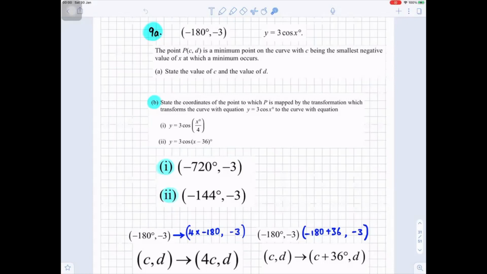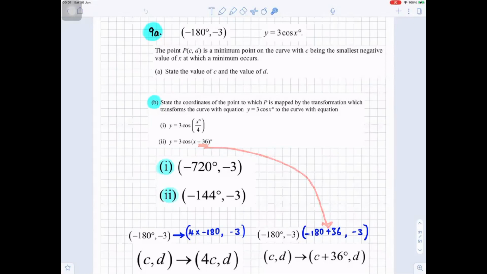Now, when you have 3 cos (x minus 36 degrees) in bracket, the minus 36 would be a plus 36, because x behaves funny. When it's a minus, you instead add that value.